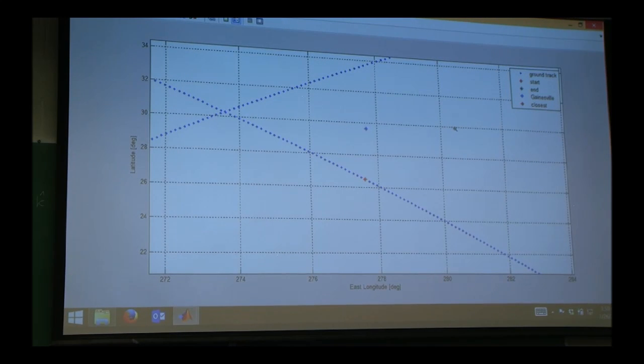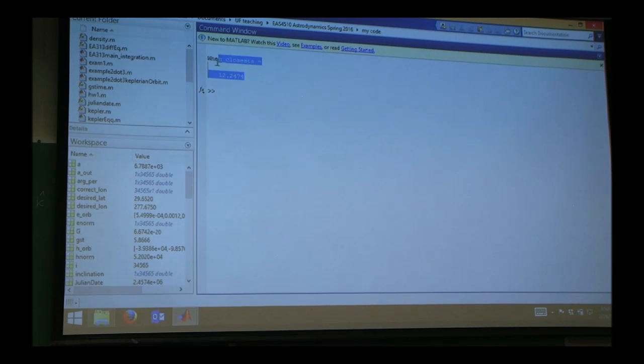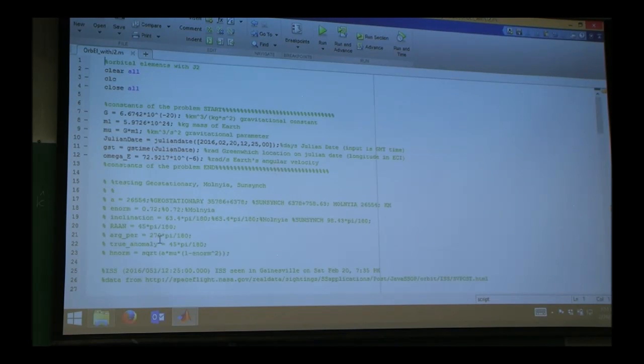And it looks like it's making sense, because this is the time that goes by, 12.2 hours after the initial condition that I gave you. And what was the initial condition? Right here.